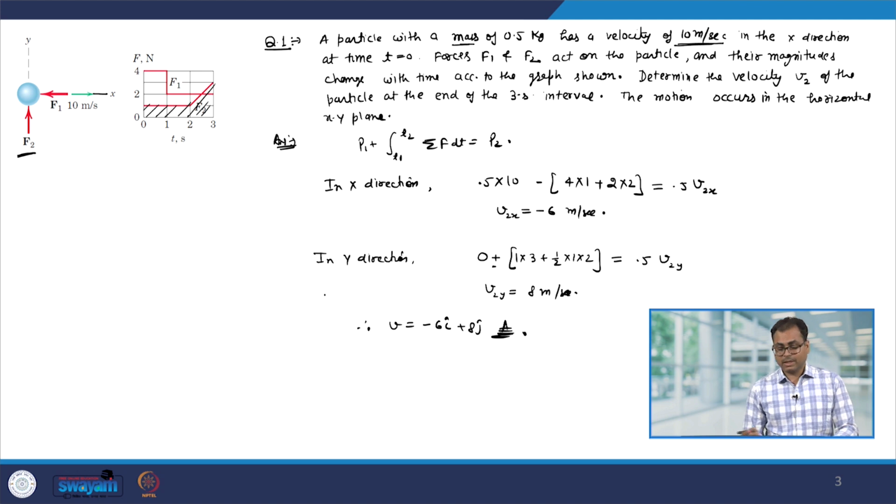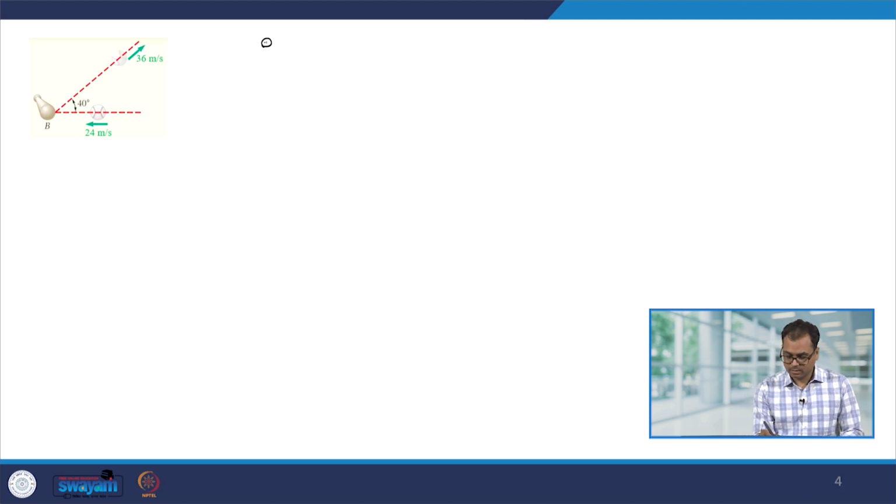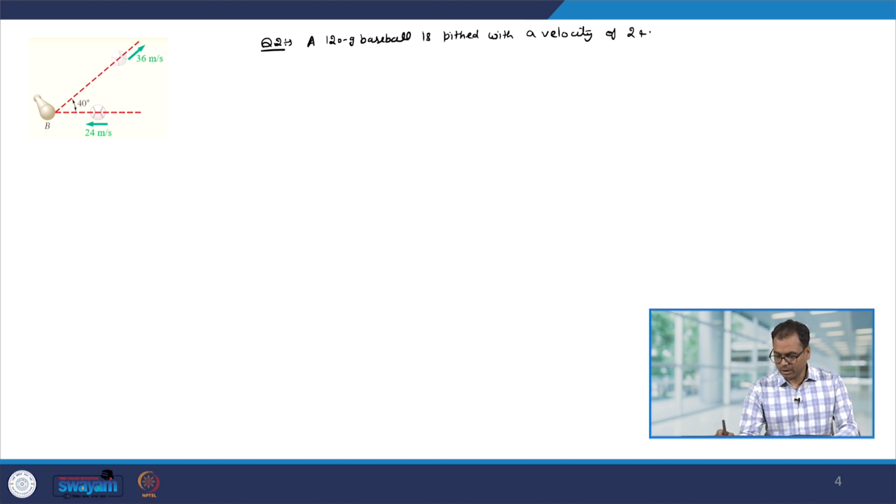Now, let us look at another problem statement. A 120 gram baseball is pitched with a velocity of 24 meter per second towards a batter.